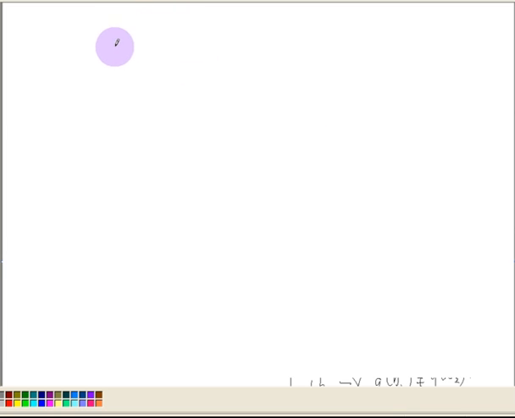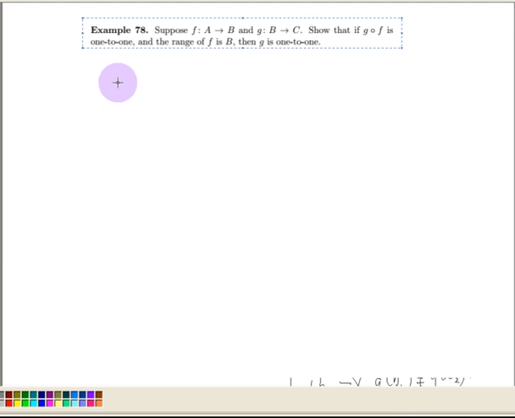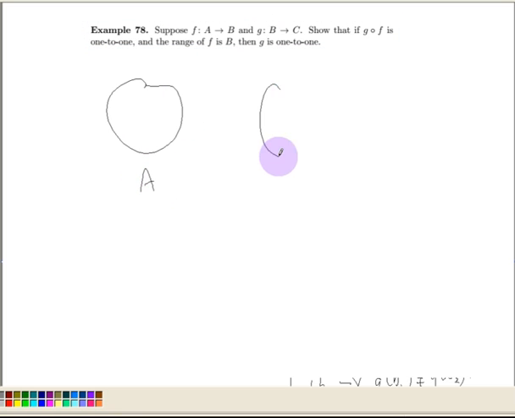You're going to say, suppose that, here, let me paste the problem first. And let me draw the diagrams. A, B, C. Right. So we want to show that G is one-to-one.